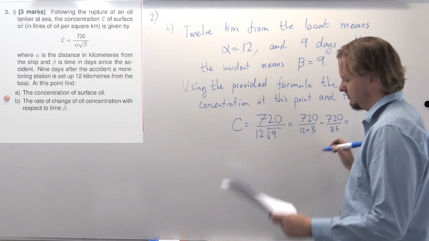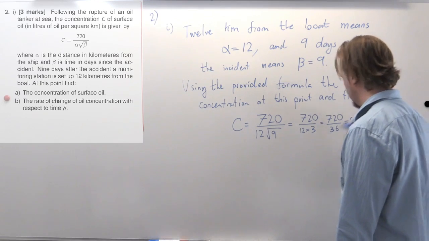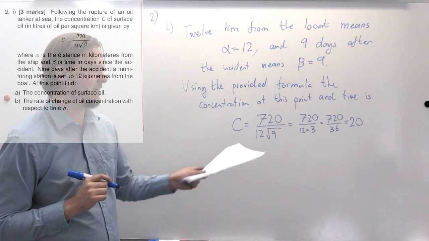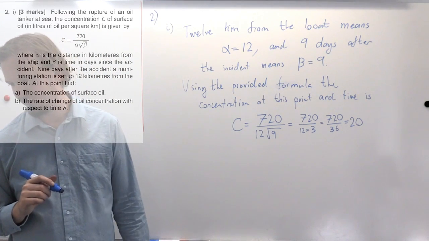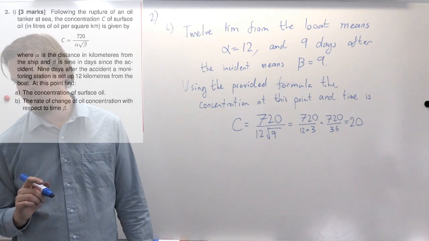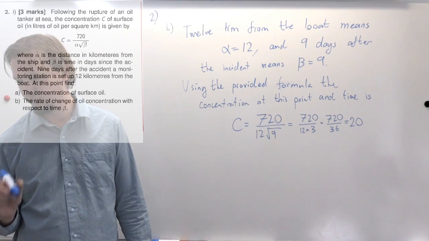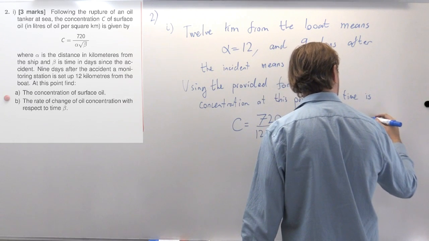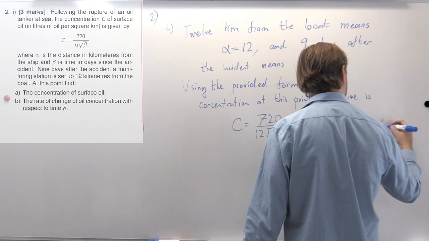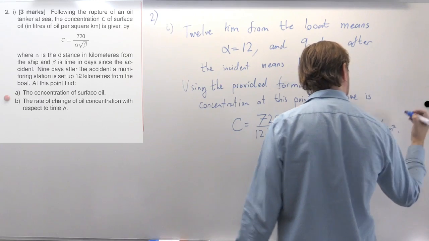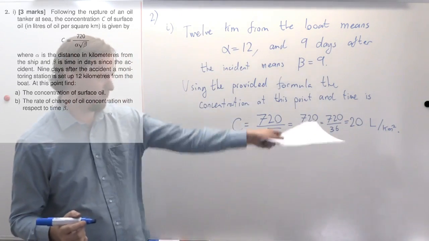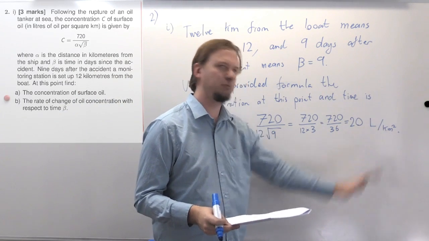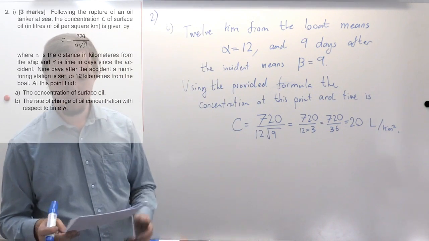This question was set up to have a nice answer. That is exactly 20. Now, if you just said it is equal to 20, I'm not happy with that, because there are units with this number. This is liters of oil per square kilometer, so the units are liters per kilometer squared. 20 by itself has units, and you should put them down.